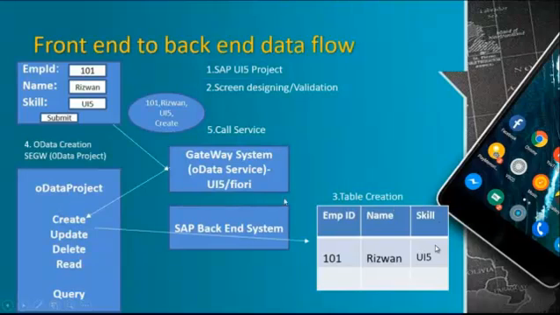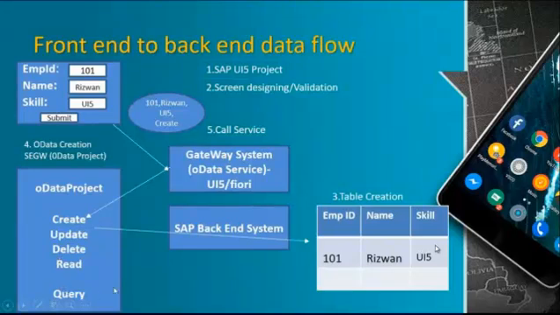Now the same thing happens in reverse as well. For example, I want the entire table data in the front end. Then from the front end SAP UI5, I will call the query operation or read operation. When I call the read or query operation, the OData service will redirect the execution to the read or query operation.